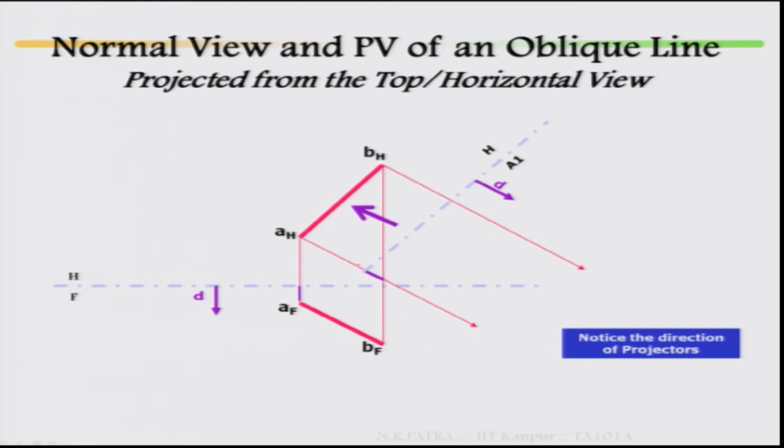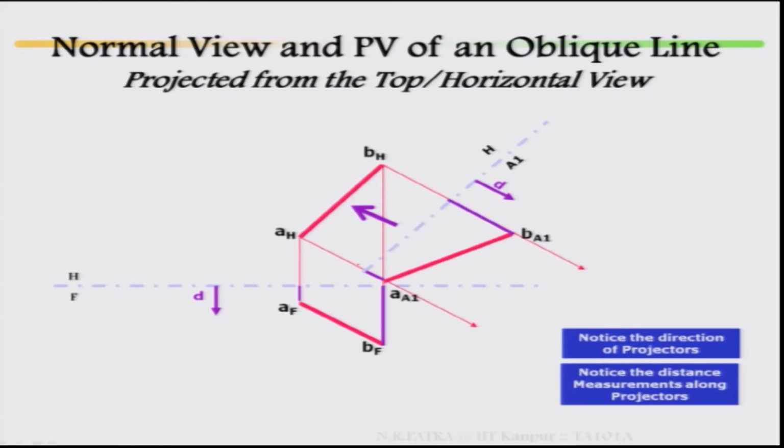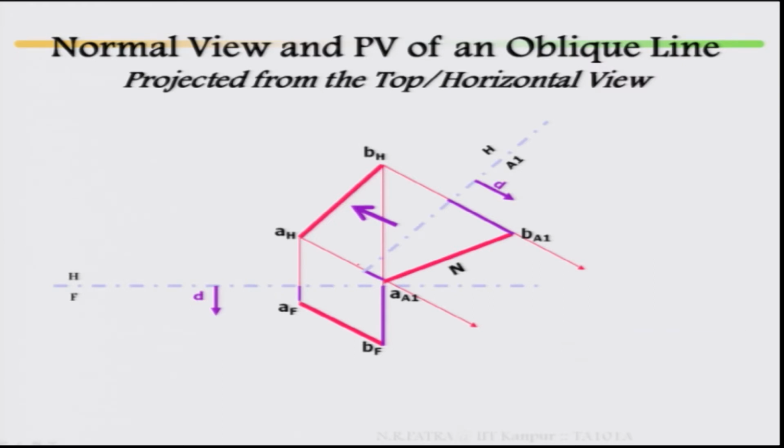The BF point has to be measured from your front view, the distance from your hinge line, then relocate it. This is your BF point, and this is your AA1 and BA1 in the auxiliary plane. This is your true length in auxiliary plane A1.